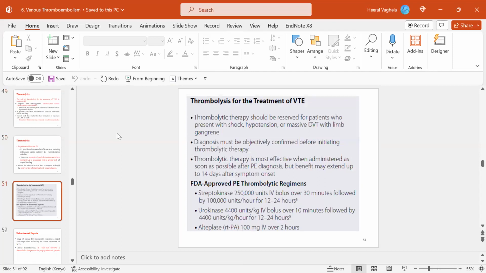And if they do have to give, then some of the medications are like streptokinase, urokinase, and alteplase.